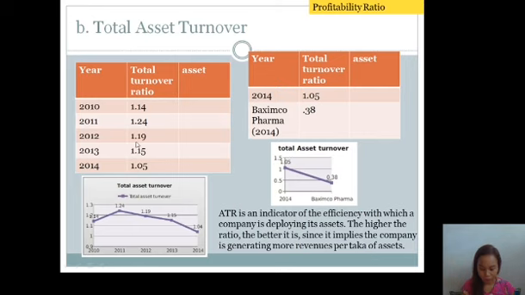But since this ratio varies widely from one industry to the next, comparisons are only meaningful when they are made for different companies in the same sector. The ratio rose in 2011 and then gradually fell from 2012 to 2014, respectively. On the other hand, compared to Baximo Pharma, it is much more. From 0.38, the company is at 1.05.